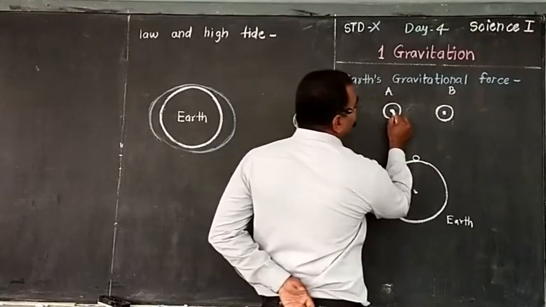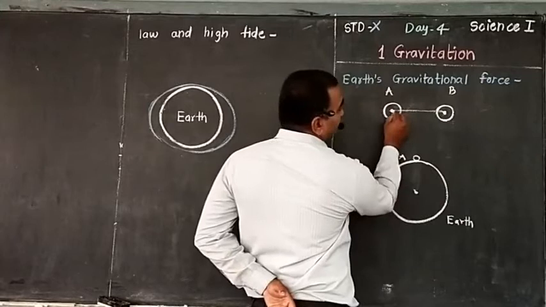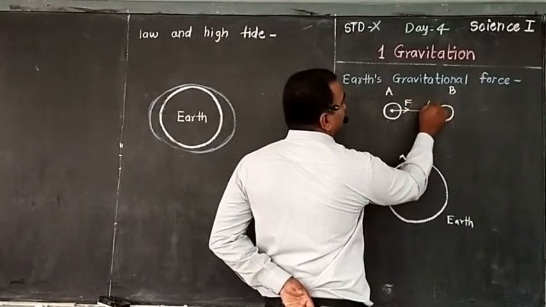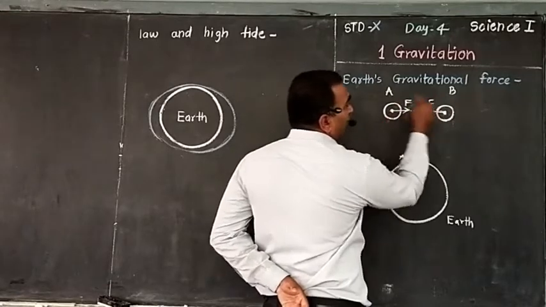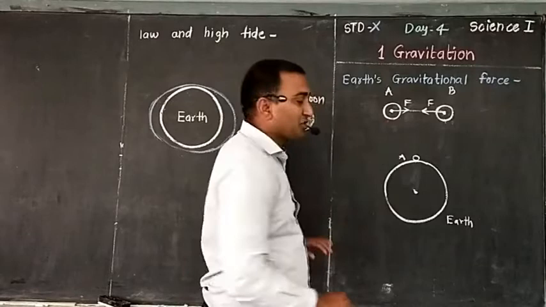If we join these two centers of mass, the force is along this line. That is the force exerted by A on B and by B on A.